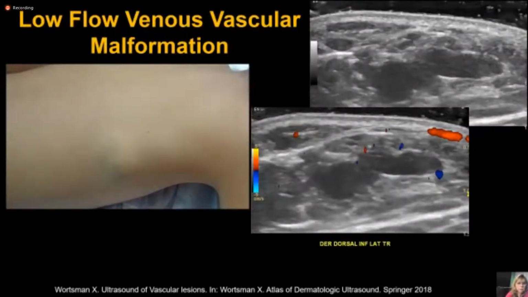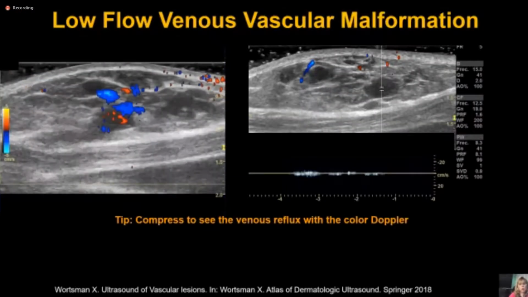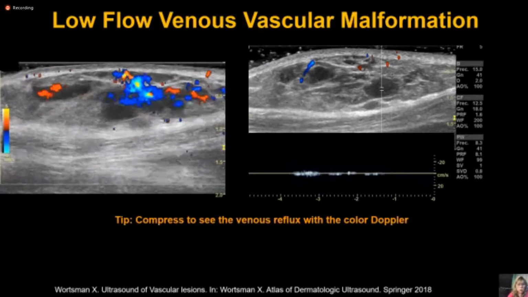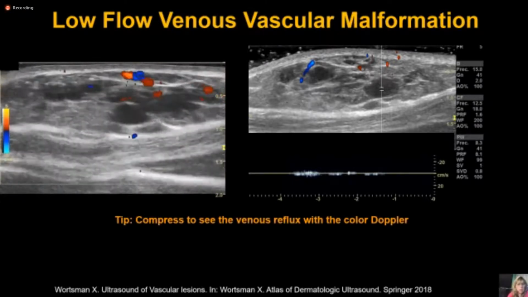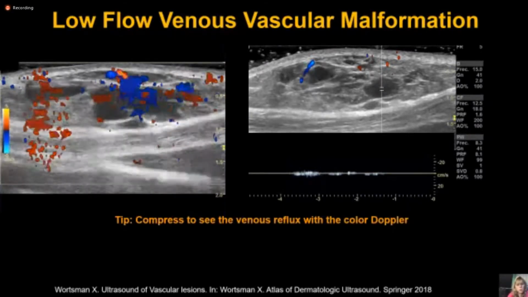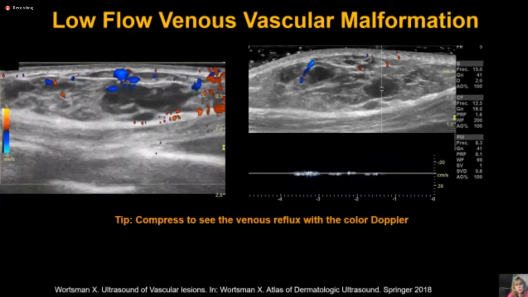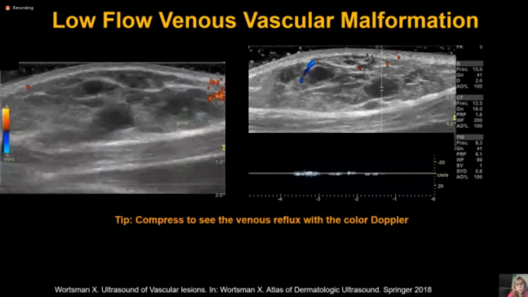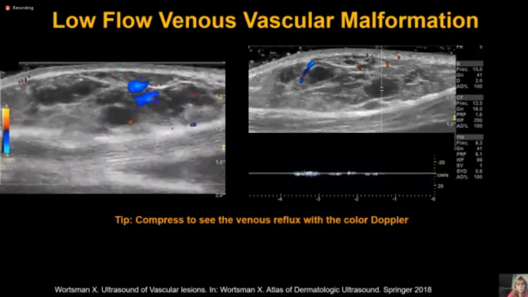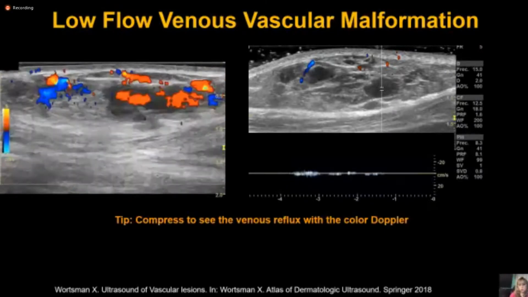In this case, we have a low flow venous vascular malformation that is composed of lacunar and tubular anechoic structures that do not present blood flow when you look on color Doppler. But if we put our spectral curve analysis, you can notice the venous flow. One tip to better detect these vascular malformations is to compress the lesion and see the venous reflux.